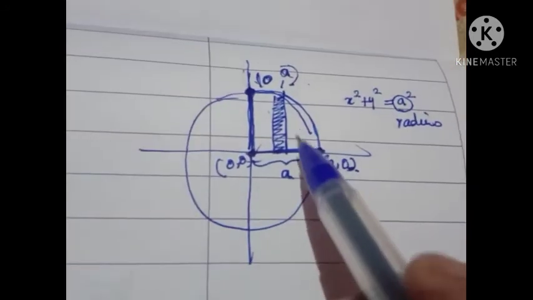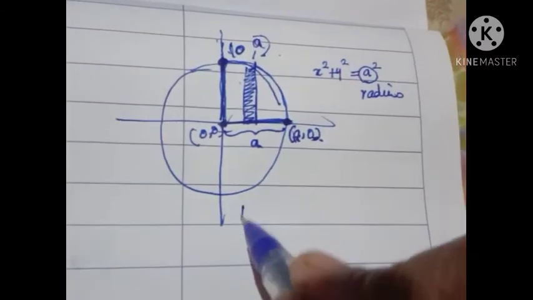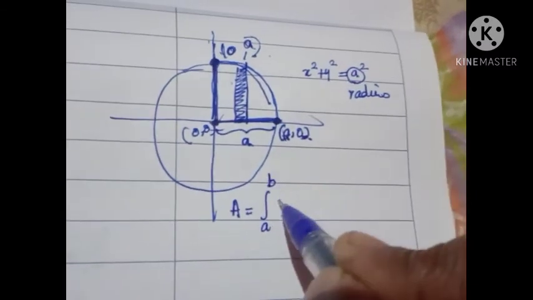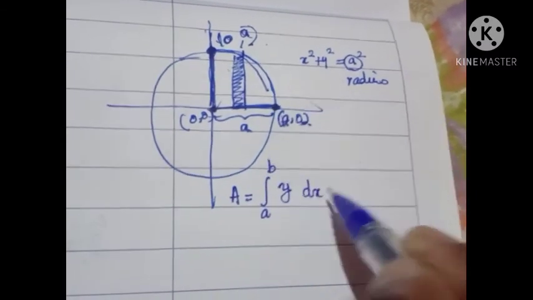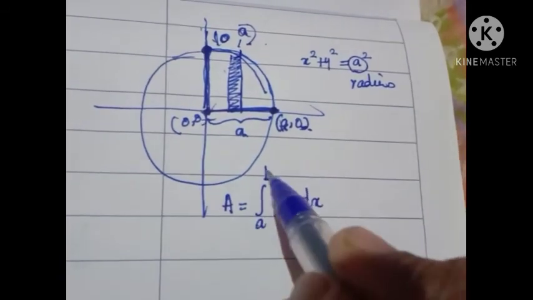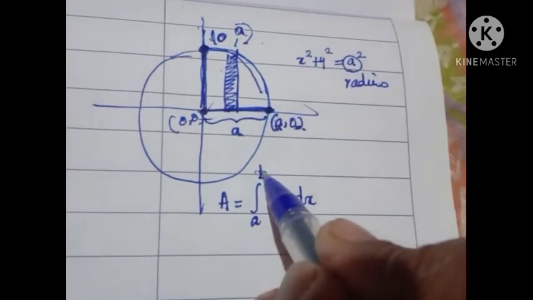Now we are considering vertical stripes. Therefore, the area is obtained by integral from a to b of y dx. Now we need to write the limits. What are a and b?